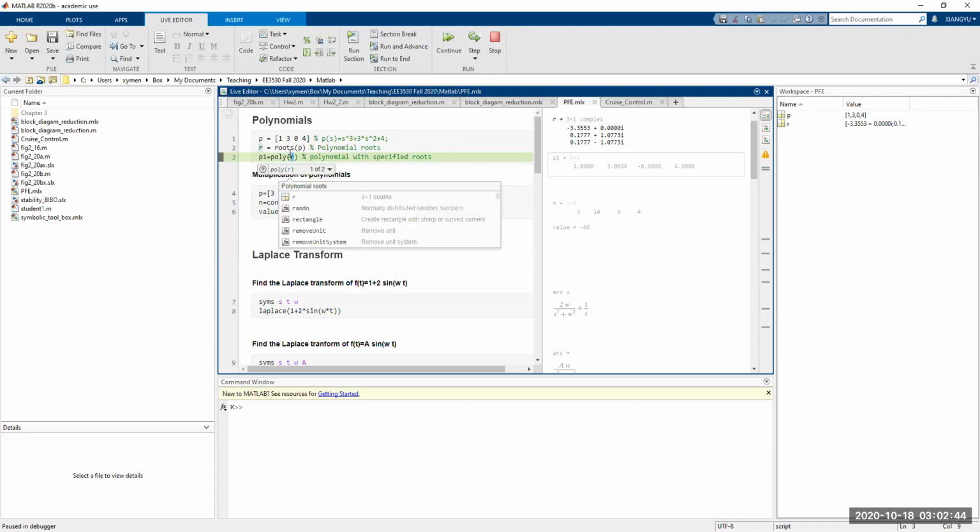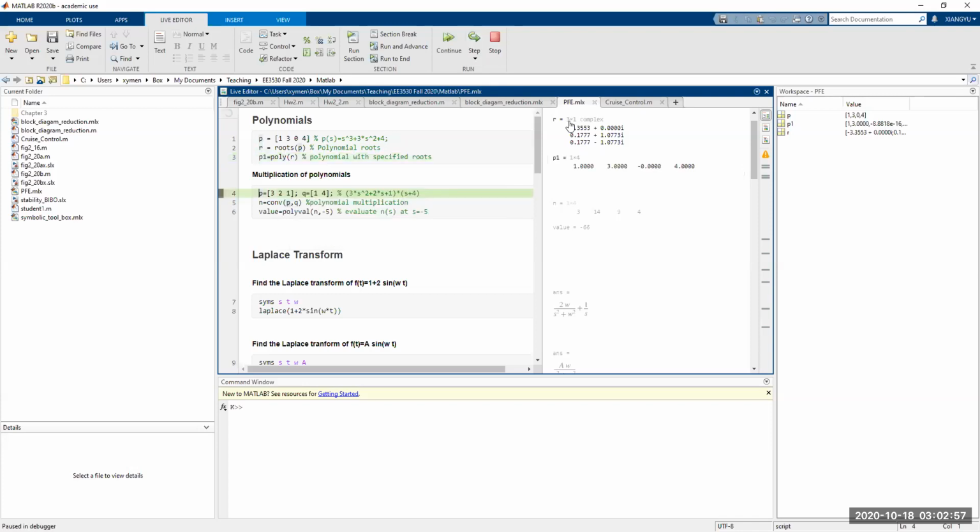So R is the roots calculated from this polynomial. Let's construct another polynomial using the roots. Now you see polynomial P and polynomial P1 are the same because they have the same roots. So the coefficients are the same: 1, 3, 0, and 4.